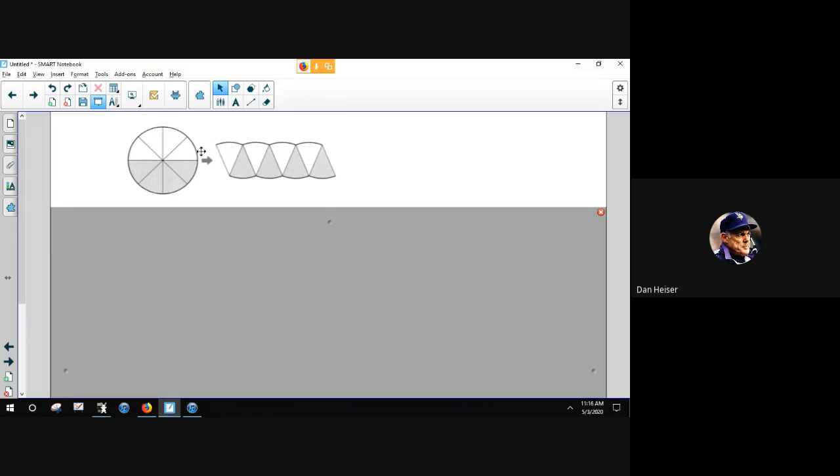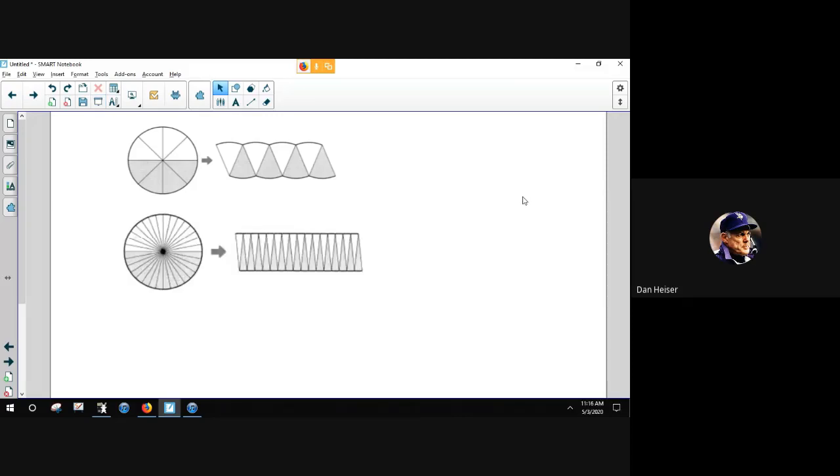It's not really, because each of these slices has a little bit of curvature, so it's not a nice straight line. We could say that its base is half of the distance around, half the circumference. We could say its height is the radius.